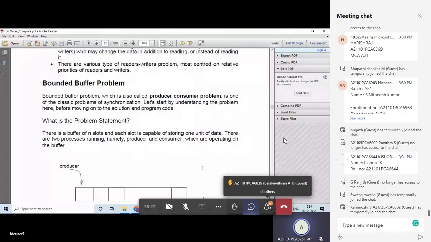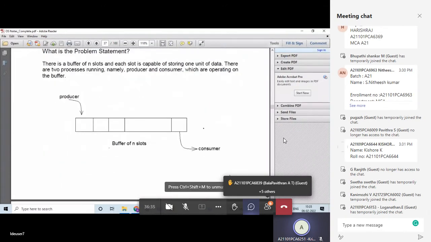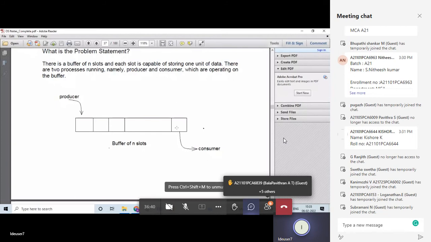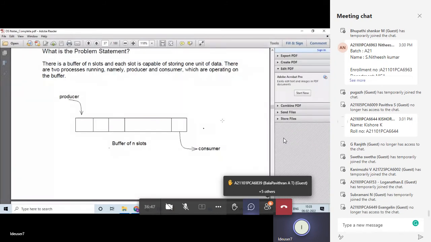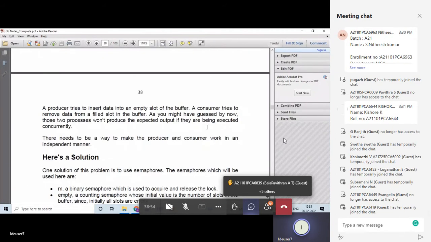The bounded buffer problem is otherwise called the producer consumer problem. Here, the problem statement is that there will be a number of slots in the buffer. The same buffer will be acquired by both the producer and the consumer processes. How to maintain data consistency is the problem here.